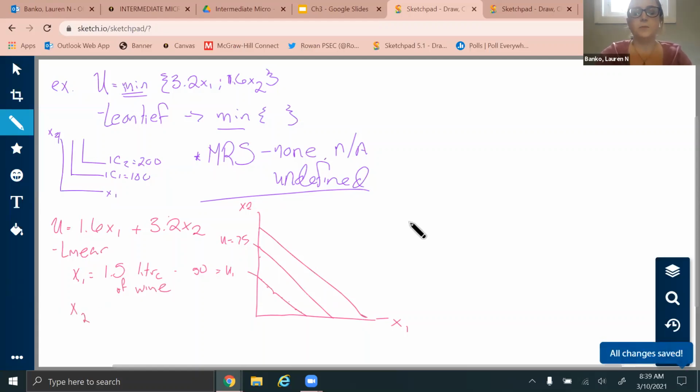Now x2, what we're saying is we can basically replace x1 as long as we have 3.2 x2. It's 2 times the amount. So this might be a 750 milliliter bottle of wine.